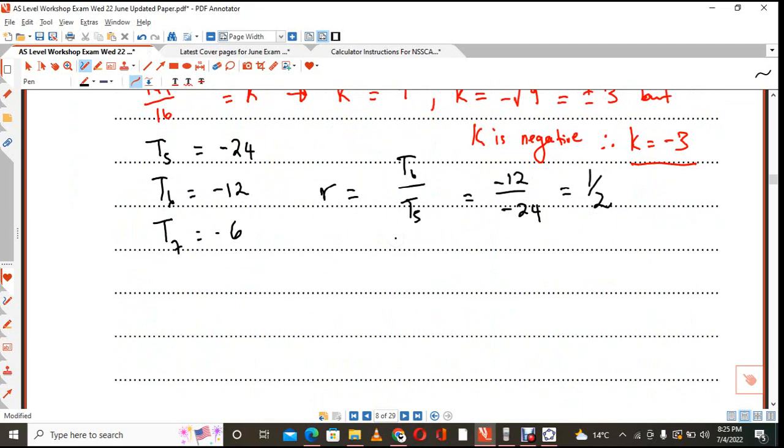So for our A, we use the formula T sub n equals A R n minus 1.